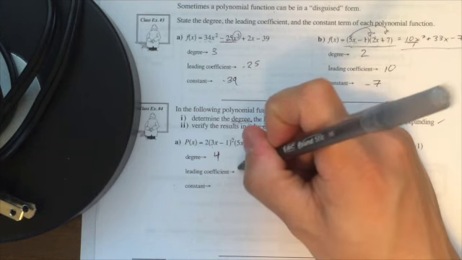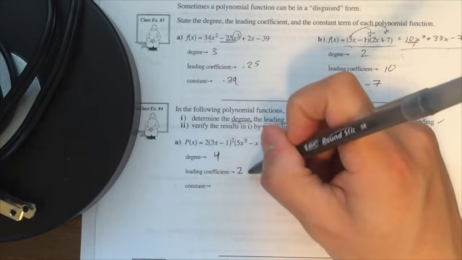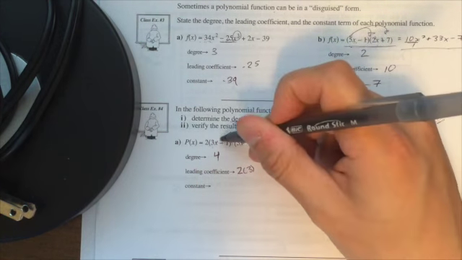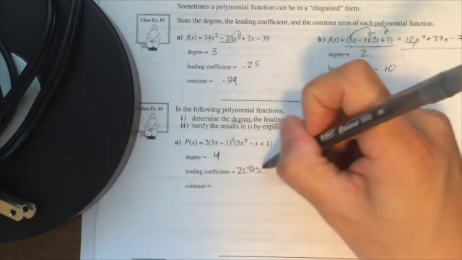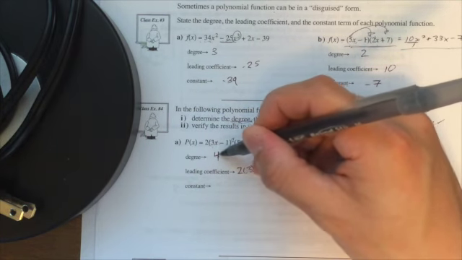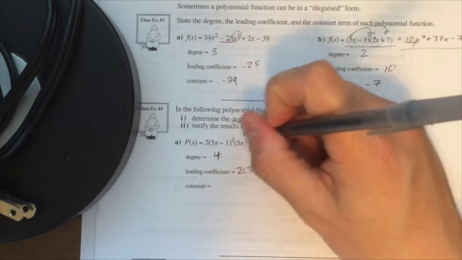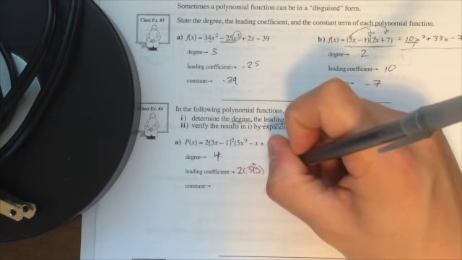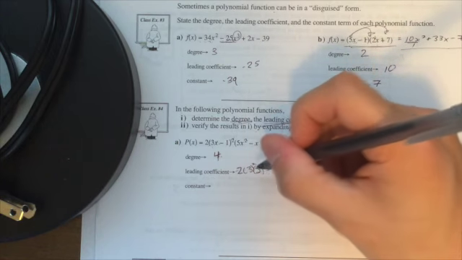If I were to go 2 times 3 squared, and then again times 5 for my leading coefficient, since those are attached to my highest power, we're going to get 90. So 2 times 9 times 5.